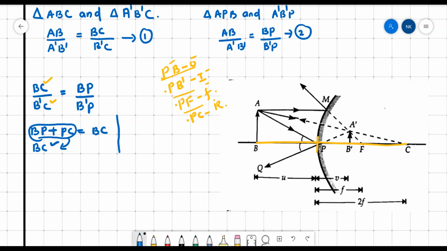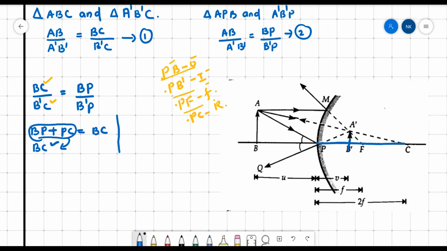So what I'm going to do is, see, you can see, this is what I'm going to take now. What we need is B dash C, that means I'm going to take this distance from here to here.